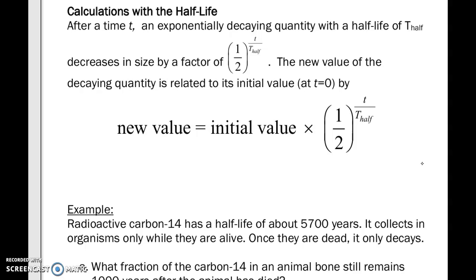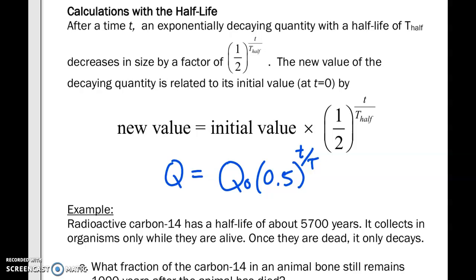The new value is equal to the initial value times 1/2 raised to the t over capital T half. I want to point out that on the formula sheet, this formula looks like this, where lowercase t stands for the time and uppercase T stands for the half-life.